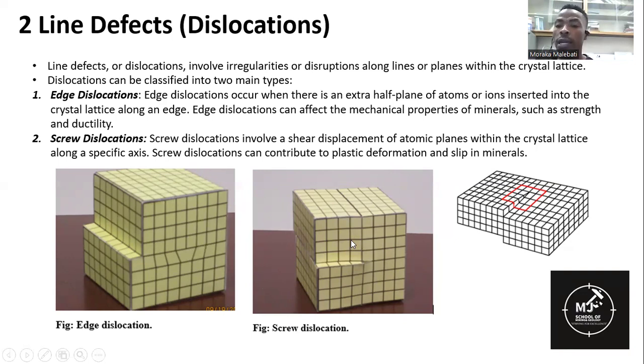Remember, to dislocate is self-explanatory. Something that was at its own location initially, then you move it, obviously by geological processes, and then you form a defect. Now with this one, you are pushing it like that, with the edge dislocation.